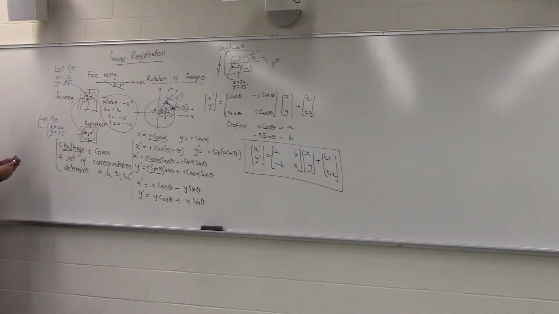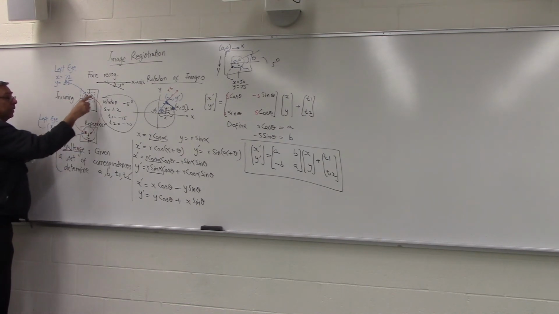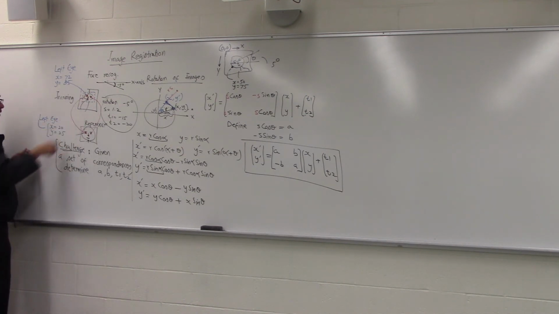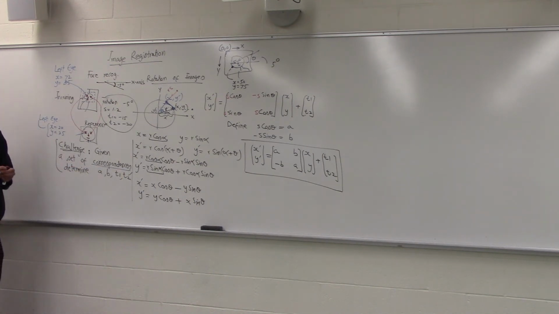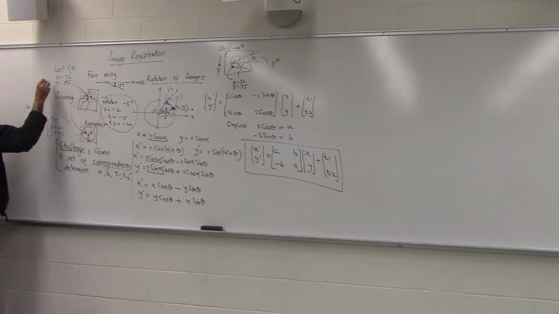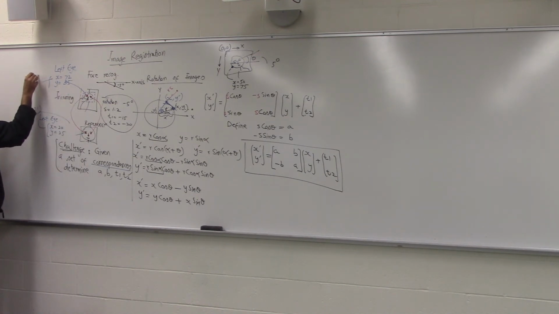Same way, let's pretend we know the location of the right eye over here. We know the location of the nose, the location of the chin. So we know not just one correspondence, but many correspondences between the two images. So let me call the reference image point x1, y1, and let me call this point x2, y2.